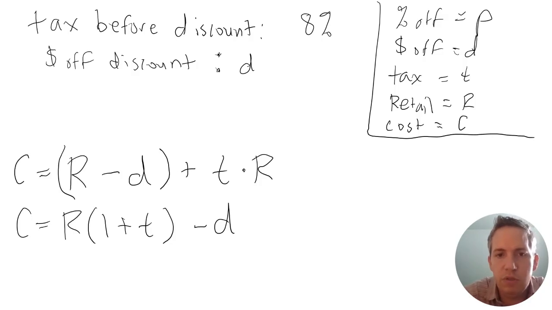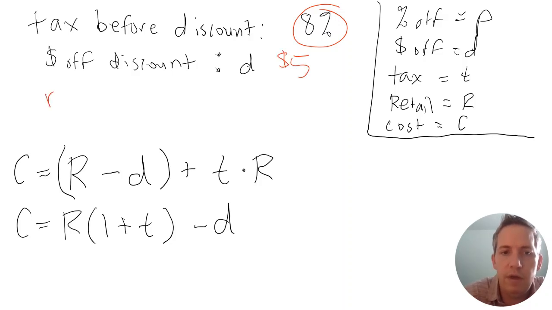Now suppose that I throw in some extra information at the top. So suppose that I got the 8%. Suppose that I give you a discount value, let's say it's $5. And suppose that I give you a retail value for whatever we're buying, so maybe it's $102.